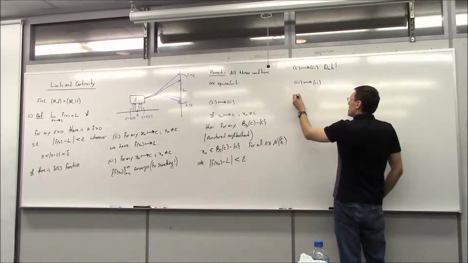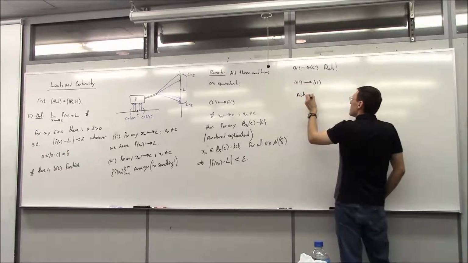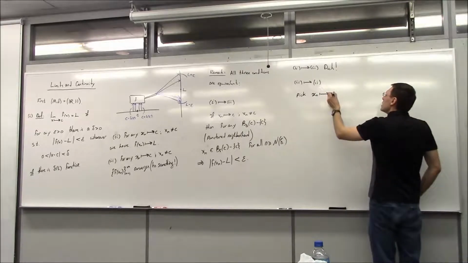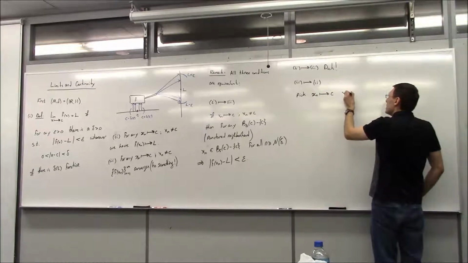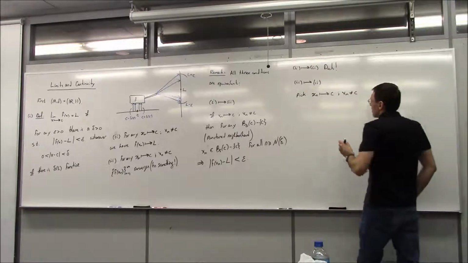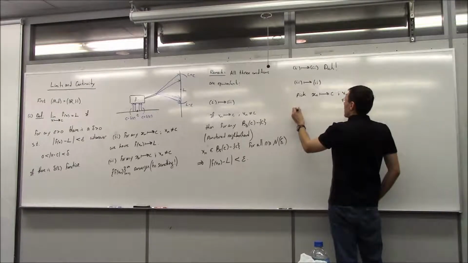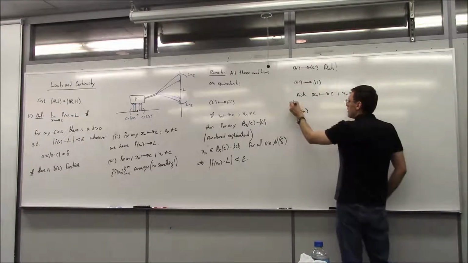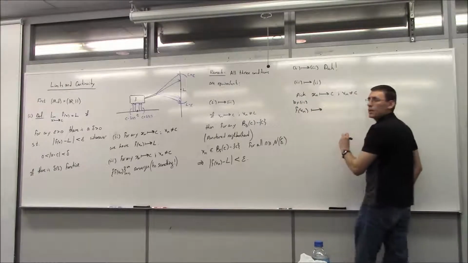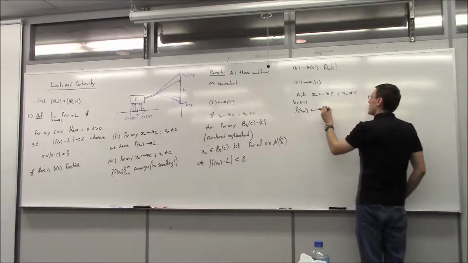So pick xn going to C, where xn not equal to C. By condition 3, f of xn will converge to something. Let's call this something s.